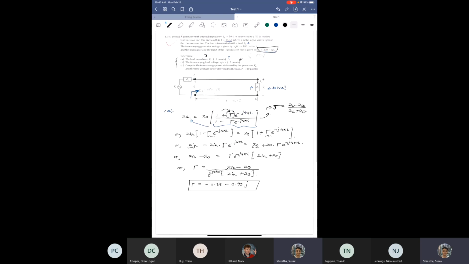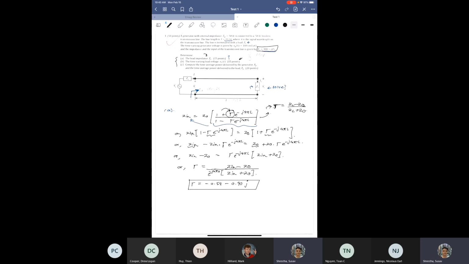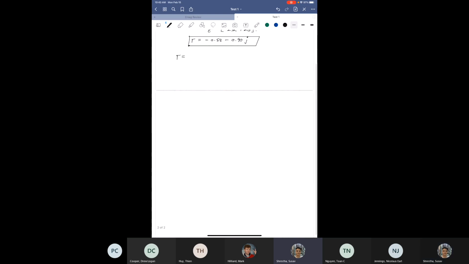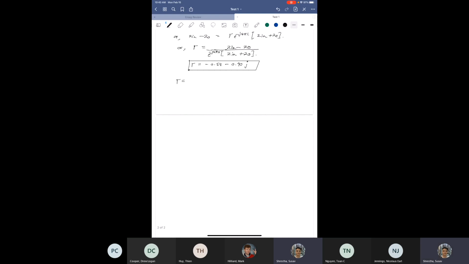Now we solve for what we're looking for. How do you actually solve for the load impedance? What is the formula for how we actually calculate the reflection coefficient? Anyone?